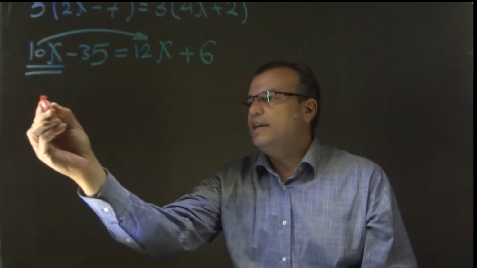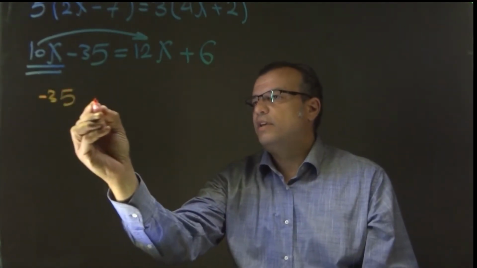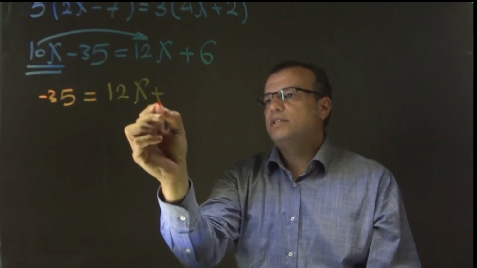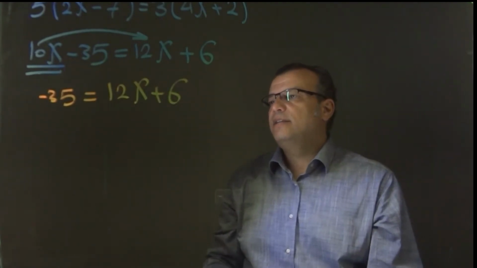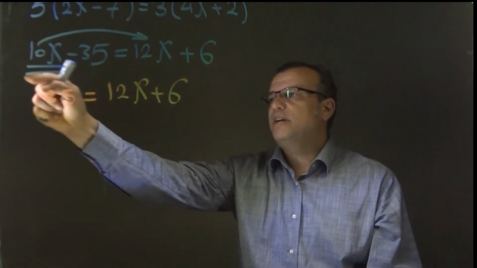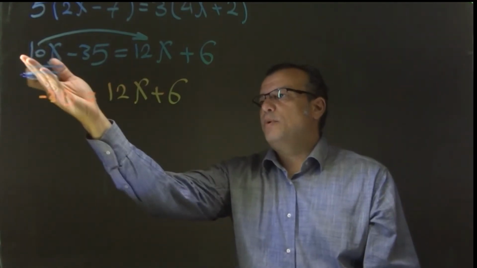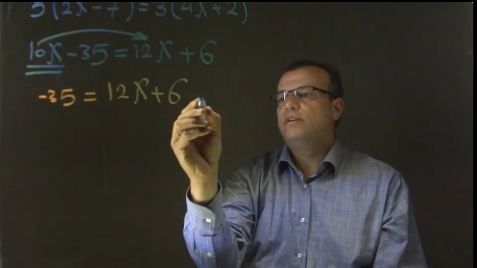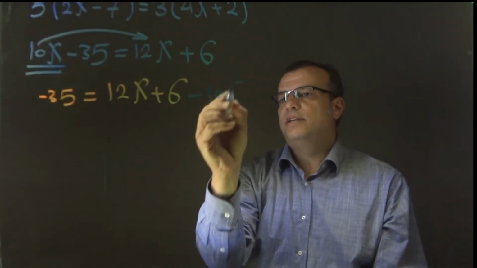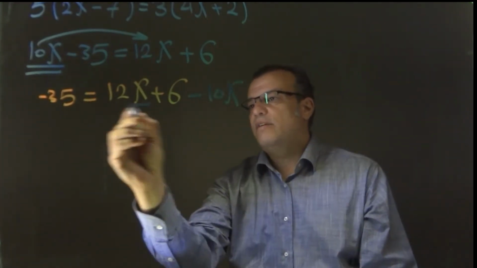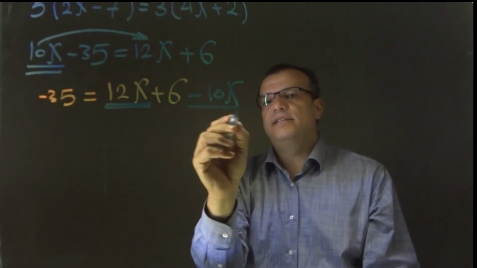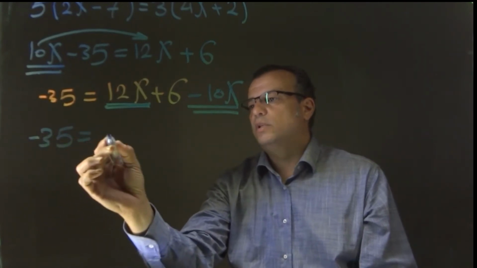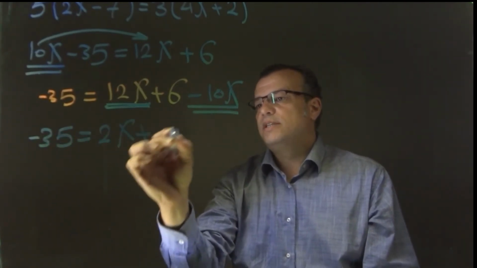It means negative 35 = 12x + 6, and then 10x comes from this side to the other side as negative 10x. We have 12x and negative 10x. It becomes negative 35 = 2x + 6.